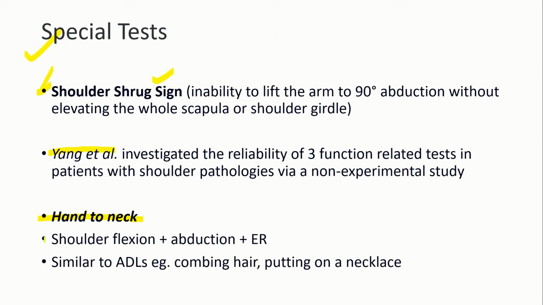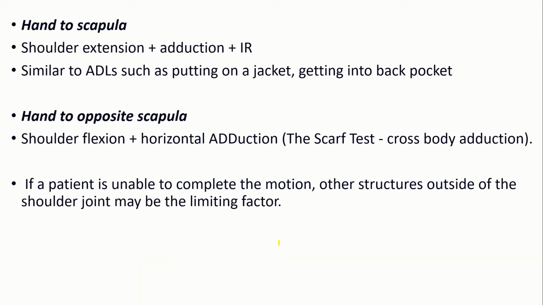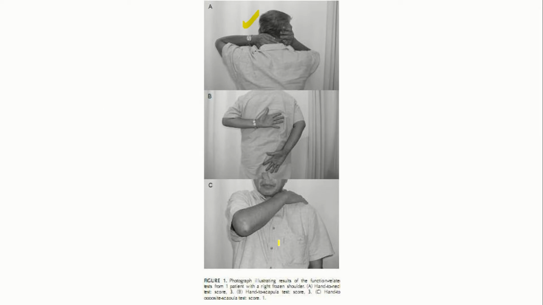So here we are checking shoulder flexion, abduction and external rotation. All these movements we are checking together. So in the head to neck posture, the patient has to do shoulder flexion, abduction and external rotation.